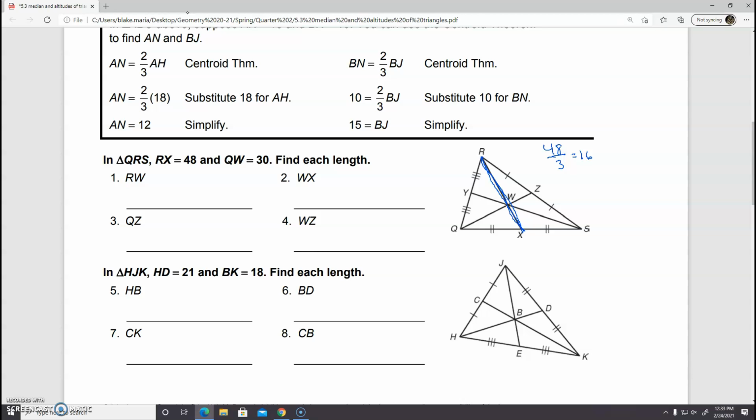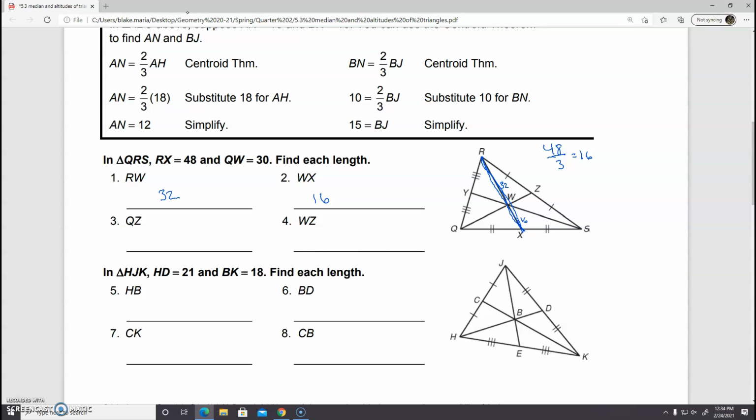Wx is my 1/3, and then my 2/3 is Rw. Two of those, 16 and 16, makes 32. If you add these up, you should still get 48. So Rw was 32 and Wx was 16.